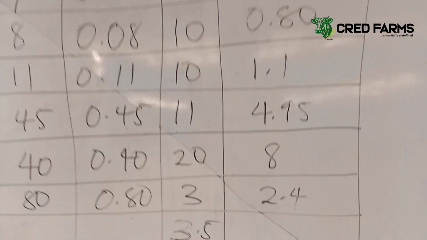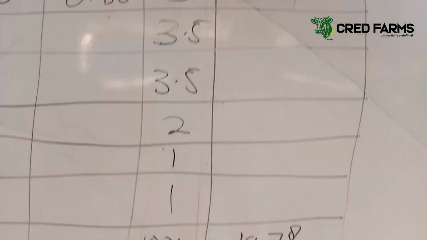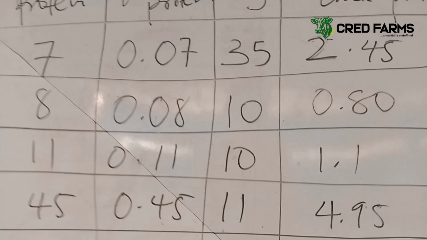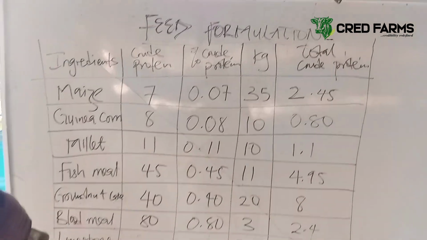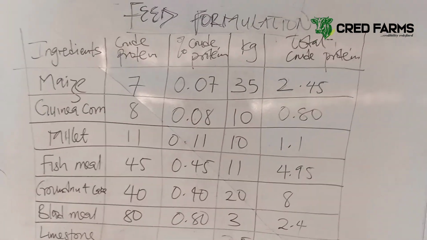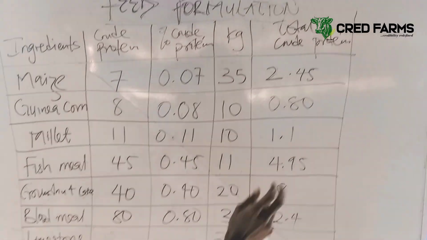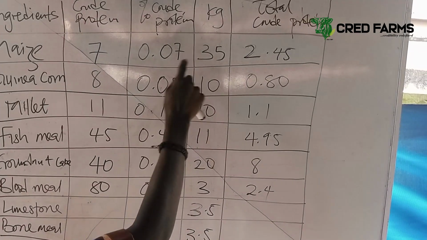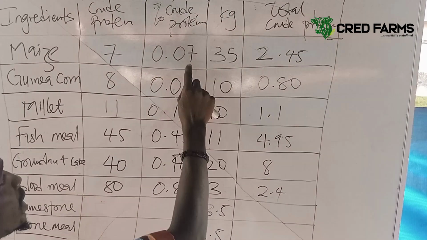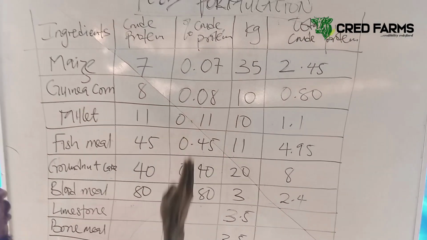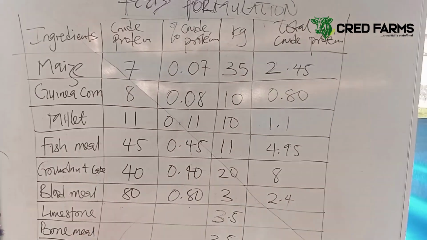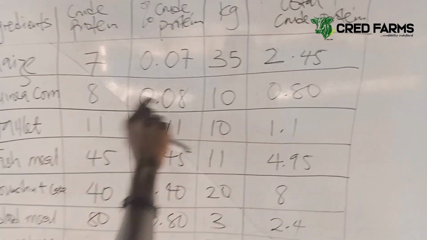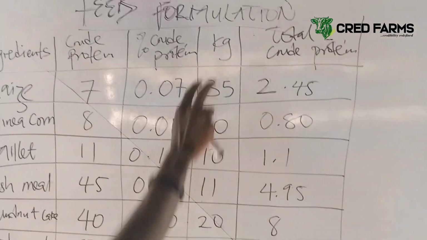But let me make some things very clear to you. Some things that you need to know about what we just did. Whatever you manipulate here affects this very column. Obviously you can see what you multiply with this gives you this. This is constant, this is constant. All these are constant, but this is the variable here. This is the one that changes. These will not change. As long as it's guinea corn, it's always 0.08. It will not change. So what will change will always be here.